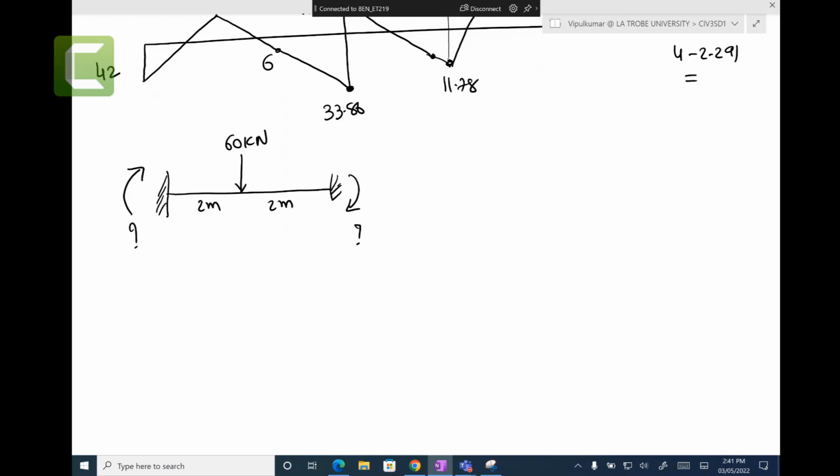You have a beam, forget everything that we are teaching about slope deflection, just these standalone examples. You have a beam which is 4 meters long, 60 kilonewtons coming. What would be the reaction that is coming here? Possible to solve? Make an assumption that there's no axial force. Let's make an assumption that this axial force is 0. Then it's going to be 30 kilonewtons up on each support.